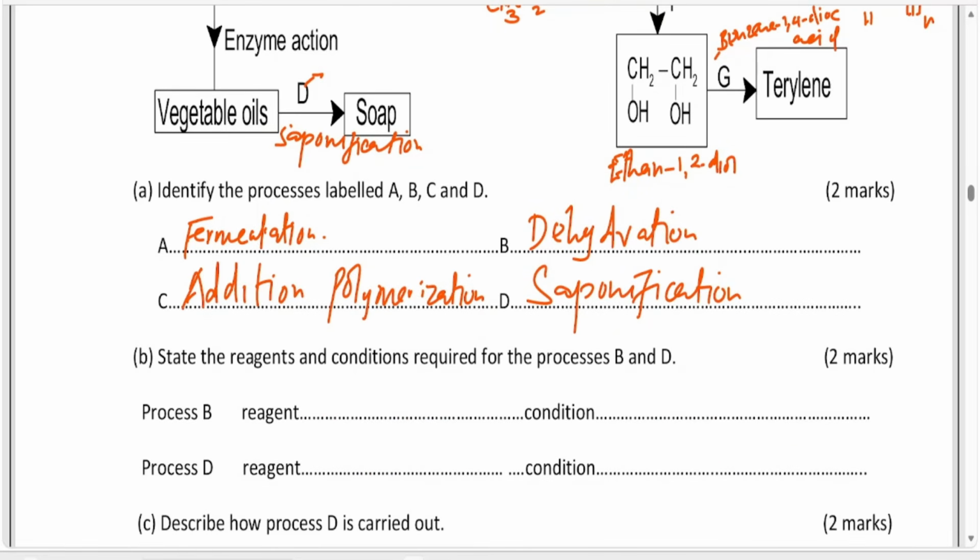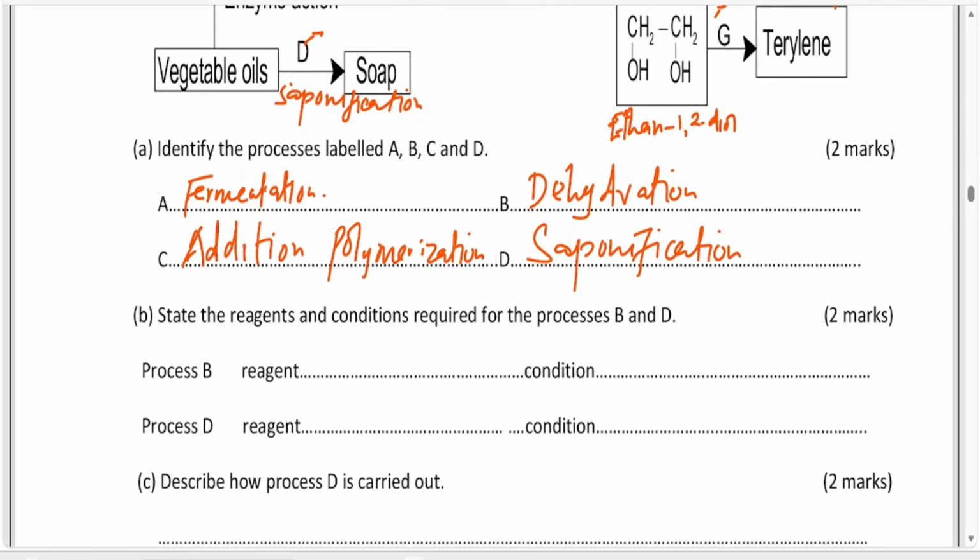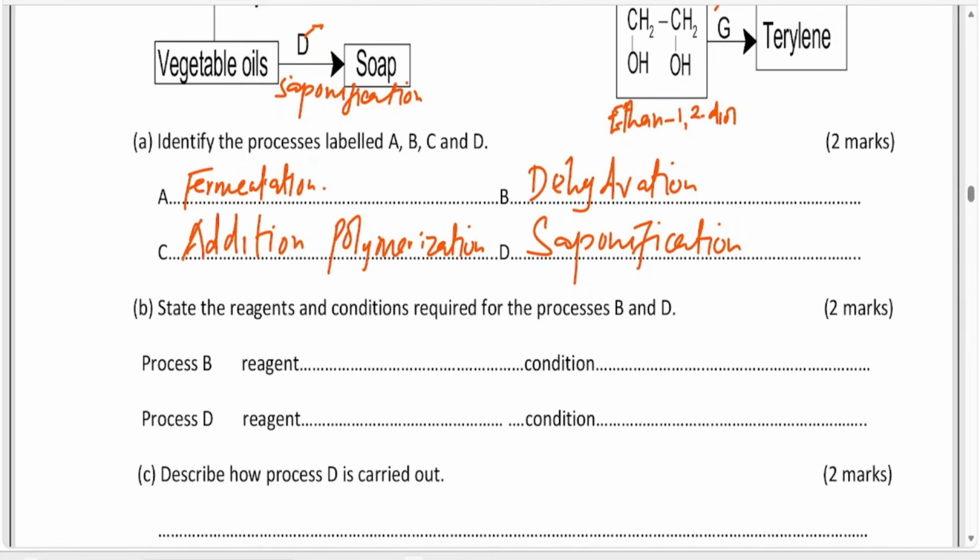Next question. State the reagents and conditions required for the processes B and D to take place. So we have seen process B is dehydration. Dehydration, the reagent that is always required there is concentrated sulfuric acid. We have been taught to state it, so here I can just write in full, concentrated sulfuric acid.